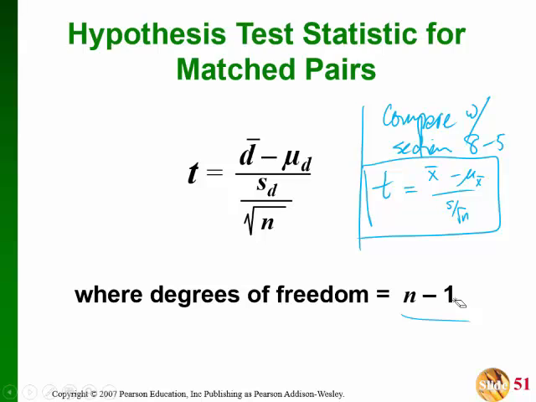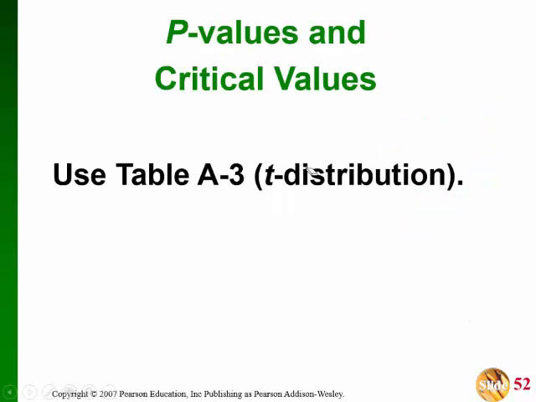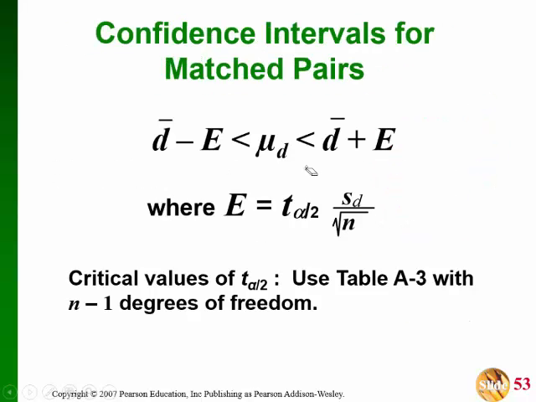So this is our test statistic, which might be important if I specifically ask you what is the test statistic for this scenario. But in terms of actually doing the problem, when we punch it into calculators, we don't need to know the formula because the calculator is going to compute it for us. The p-values and critical values can be found.